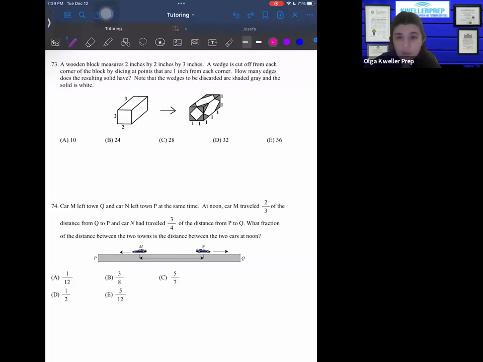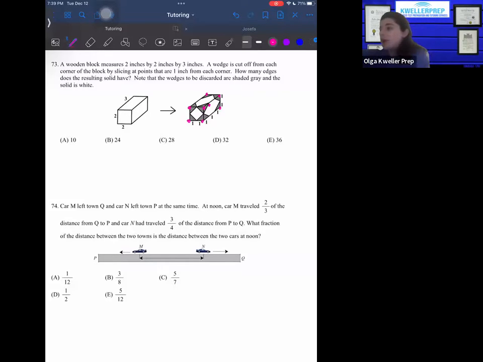We get 3 edges at each corner. And in the solid, we've got 1, 2, 3, 4, 5, 6, we don't see this one, but it's there, 7, 8 points, right? Vertices, corners. So edges are the actual sides.